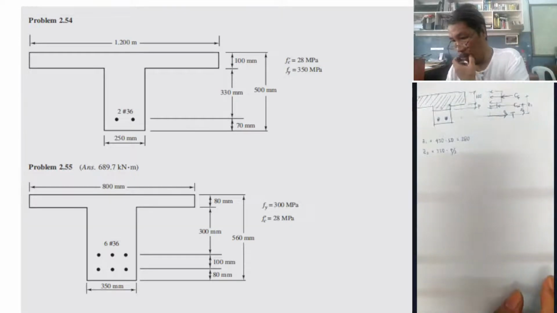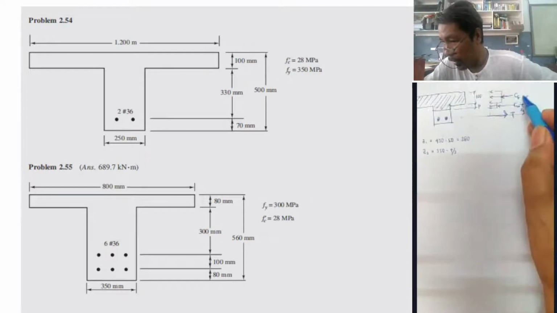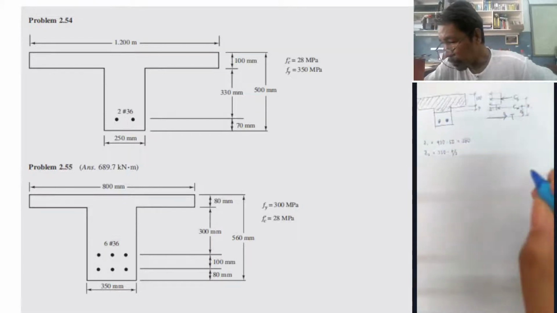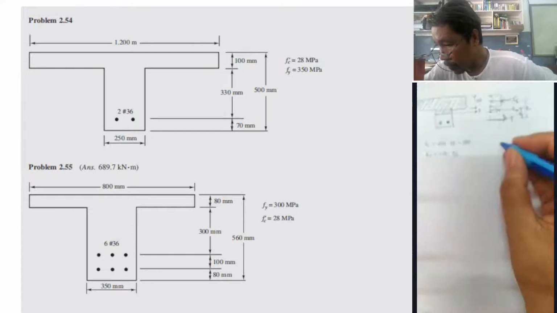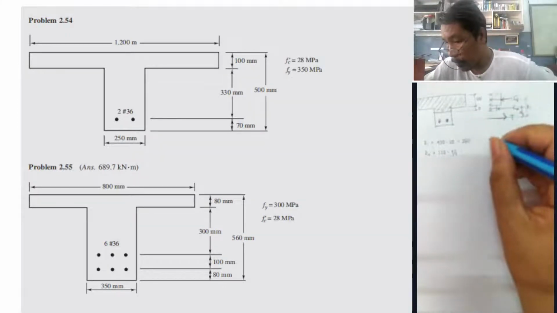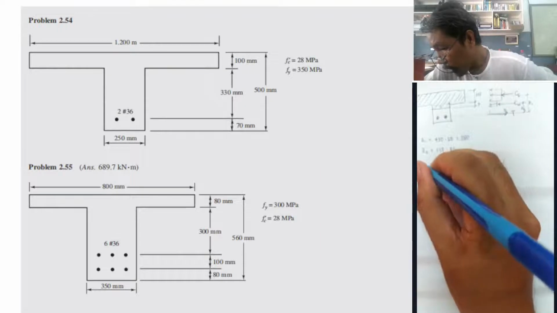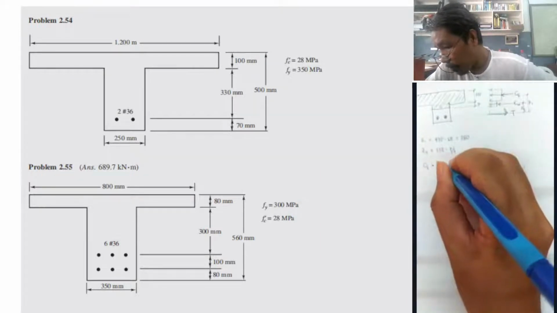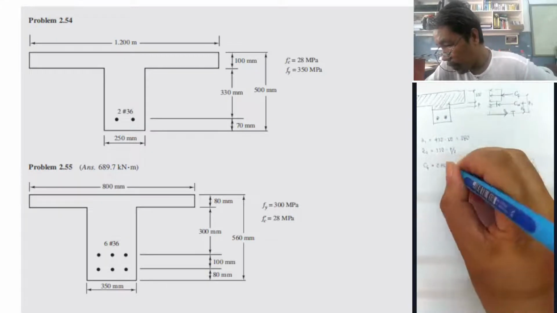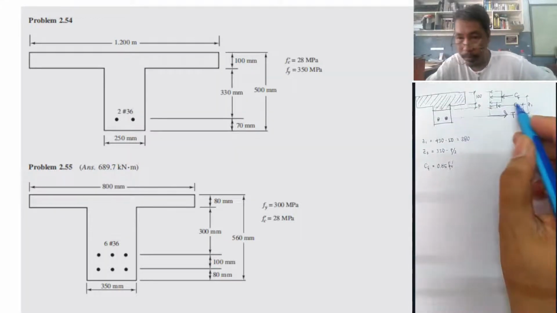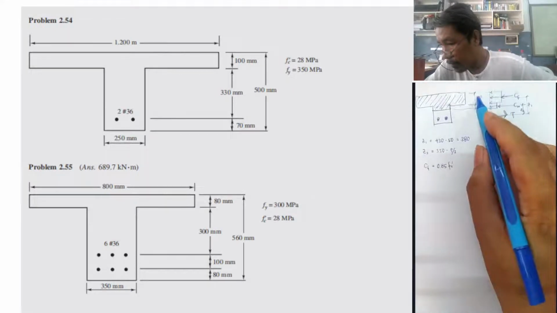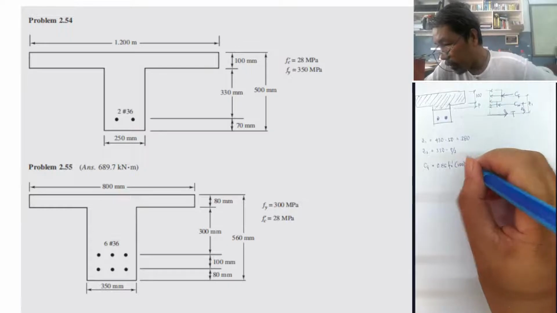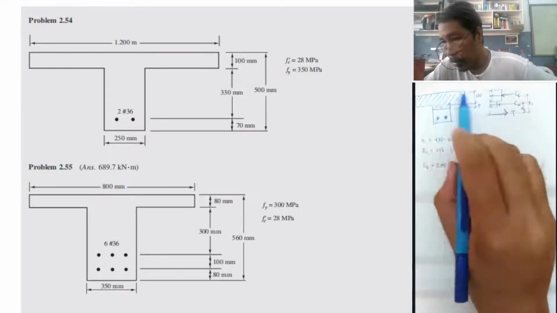Now we can find CF. The compressive force CF is 0.85 f'c times 100 times 1,200.